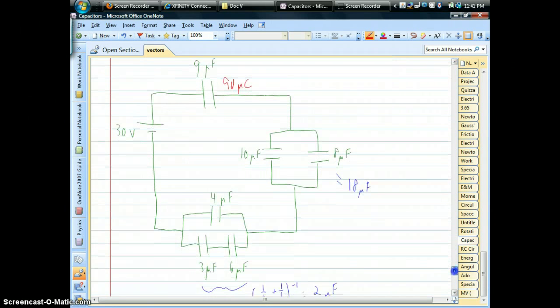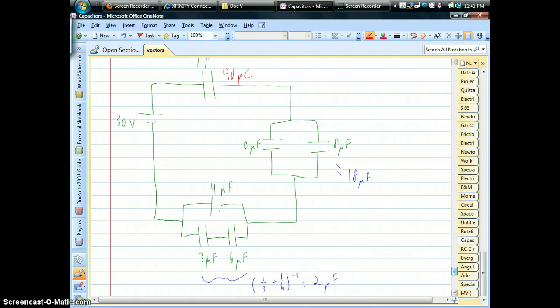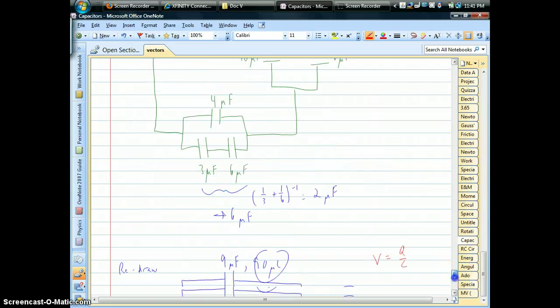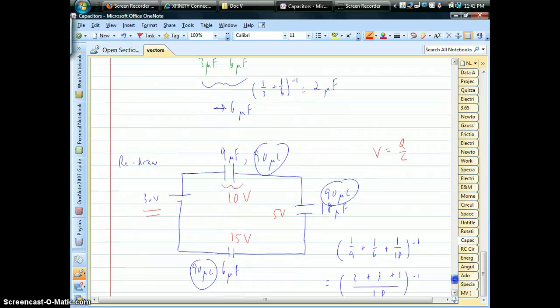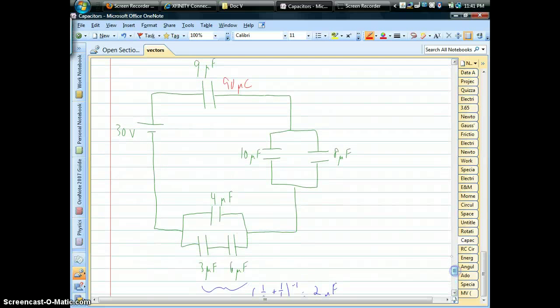Now for the parallels, that 90 microcoulombs is actually going to split. So maybe we'll start off on the right-hand side. We found that the total voltage difference across that capacitor is 5 volts. Well, that means each of these capacitors is 5 volts. Okay.